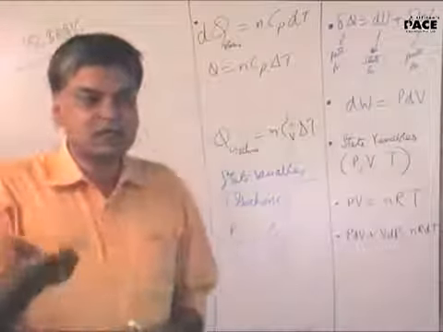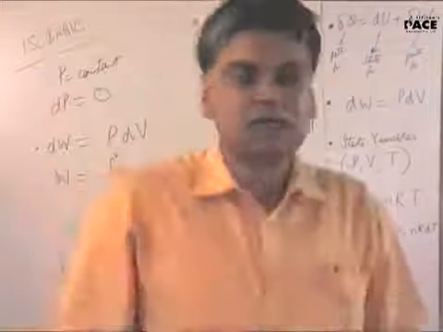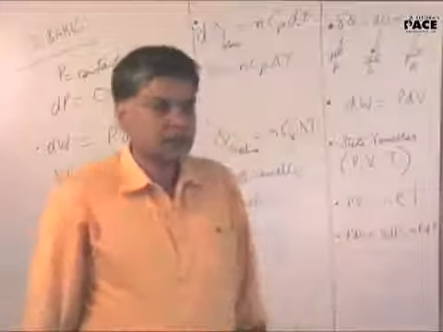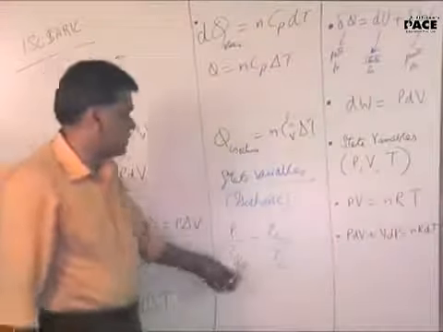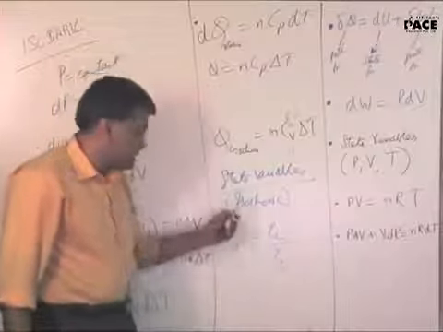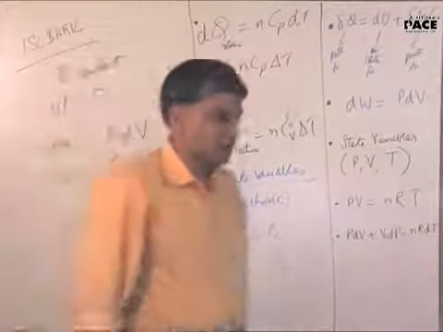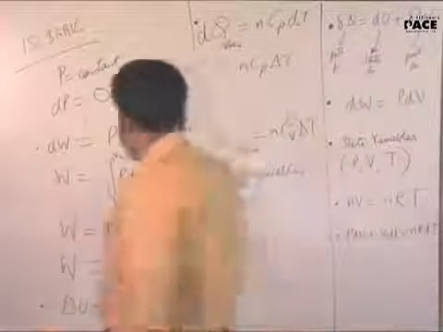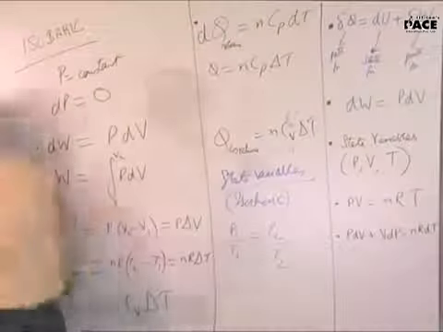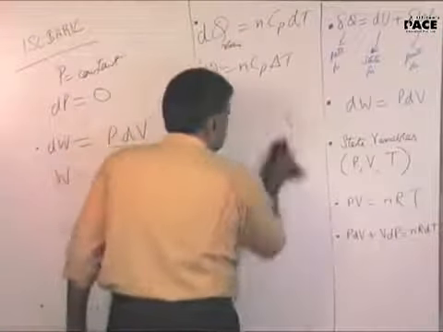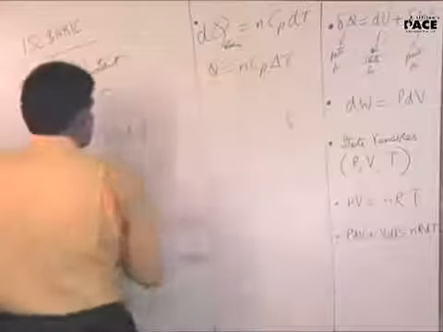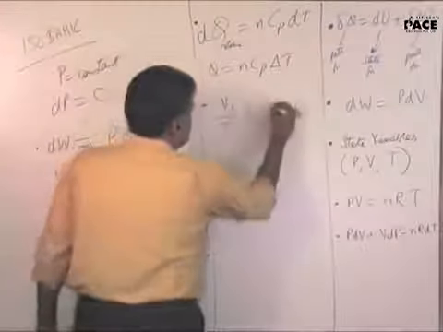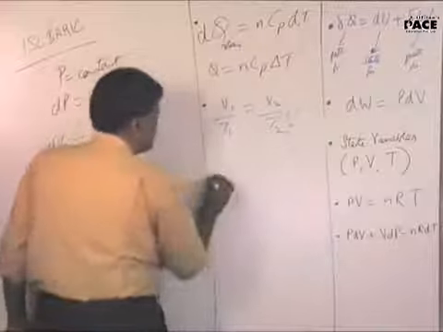As pressure increases, temperature also proportionately increases for an isochoric process. Write it down, and write a similar equation for isobaric as well. So I'm rubbing this off and writing the one for isobaric now. For isobaric, what will be the state variable relation? It will be V1 by T1 equals V2 by T2.